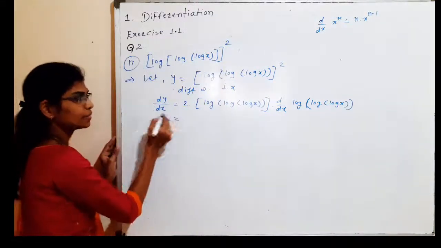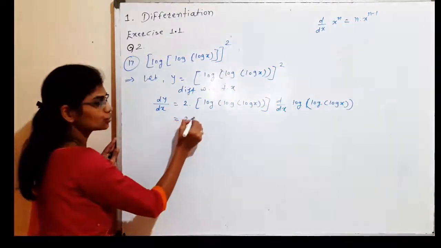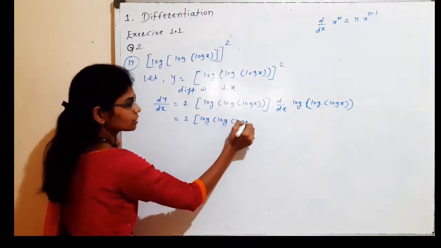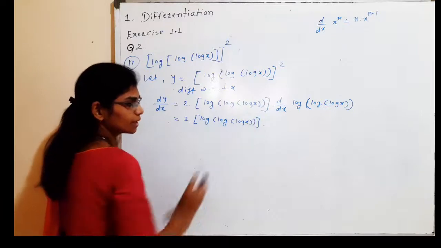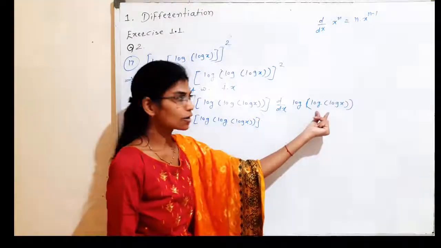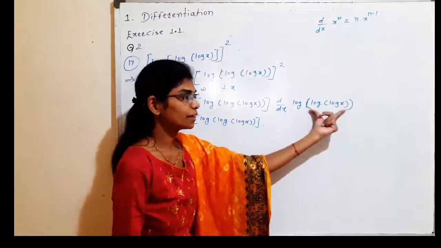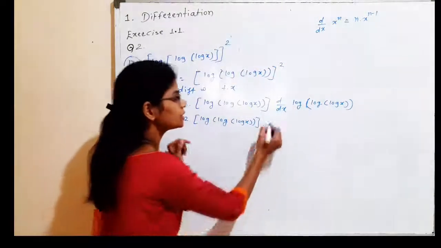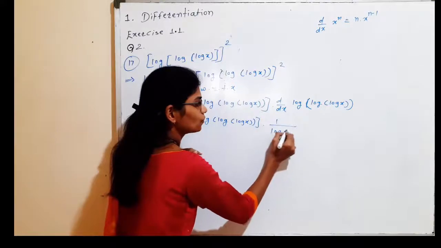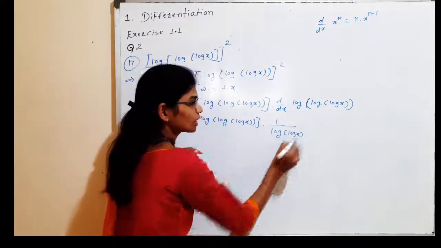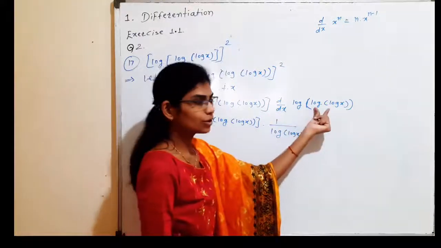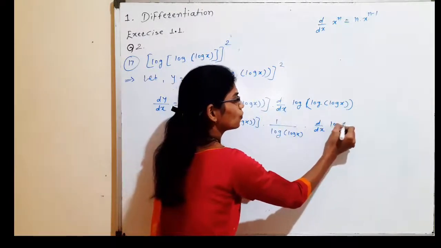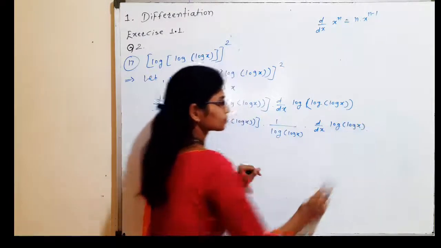So at next step, dy by dx is equal to 2 into log x, as it is, multiplied by the derivative of log x. Here the value of x we can consider as the whole bracket, that is why its derivative is 1 divided by log x. Again, we have to take the derivative of this bracket, it means the derivative of log x.